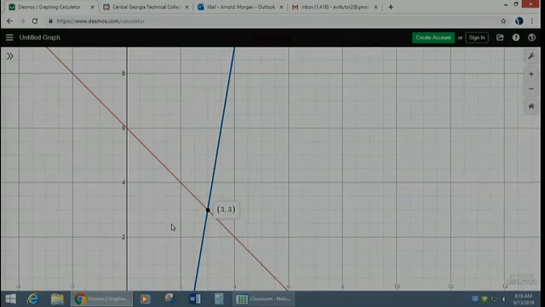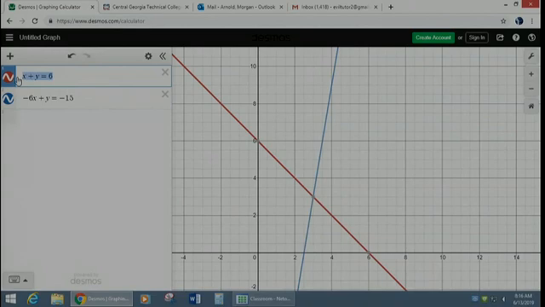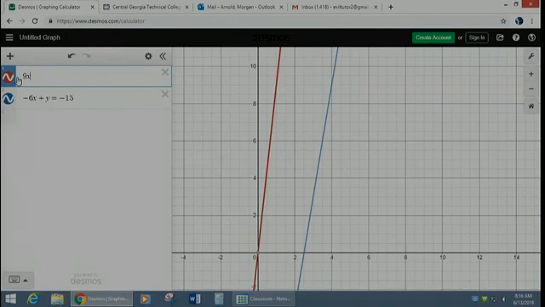Let's look at another system. And I'm just going to type this in. It's on the second page of your lesson 9 notes. The first equation is 9x plus 3y equal to negative 9.